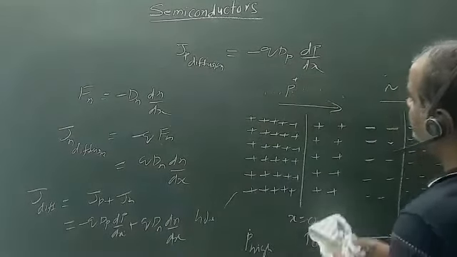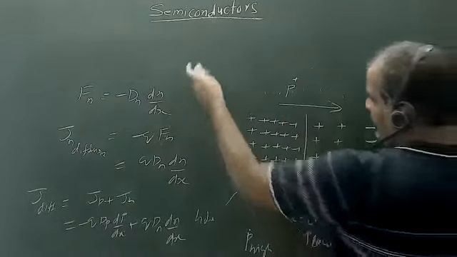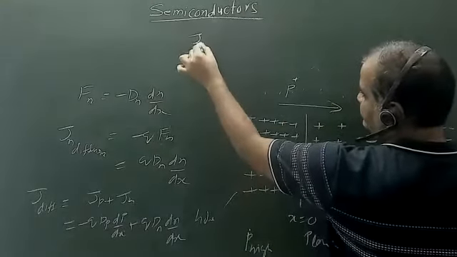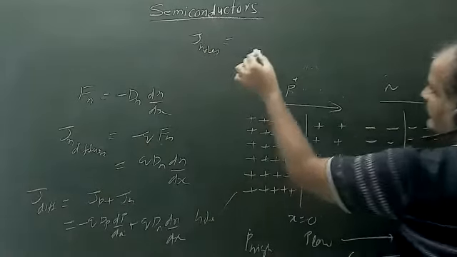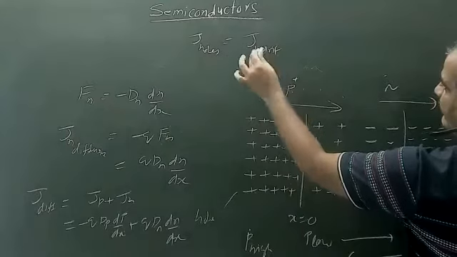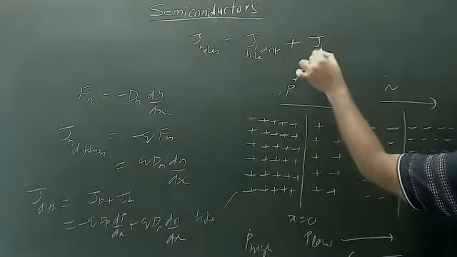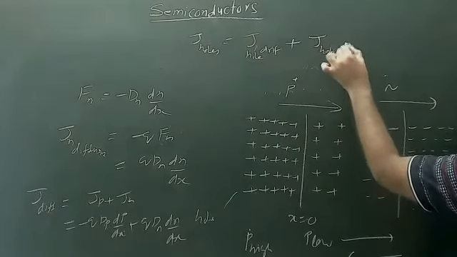If I want the total current due to holes, that will be J hole drift plus J hole diffusion.